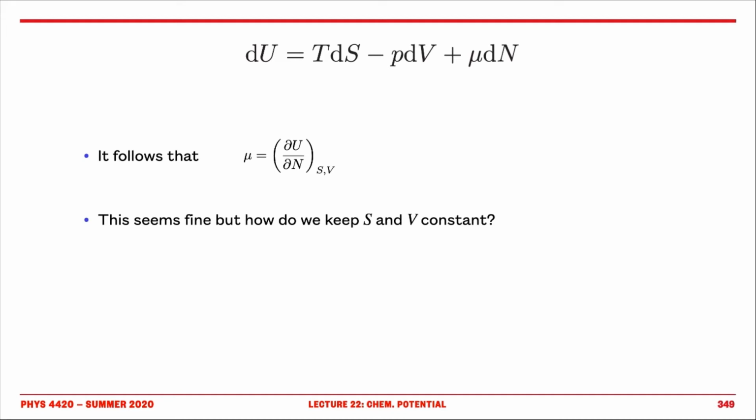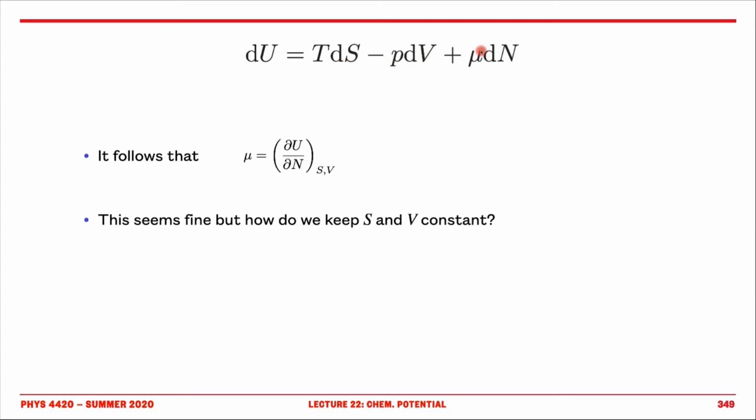So, of course, this is the same philosophy, that same strategy, that we've used before. We are going to introduce other thermodynamic potentials where the natural variables, instead of being S, V, and N, will be, for example, T, P, and N. And you remember what they are.